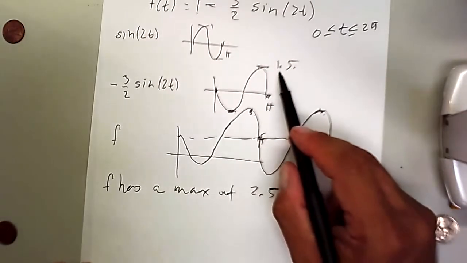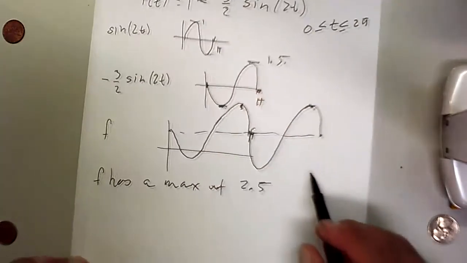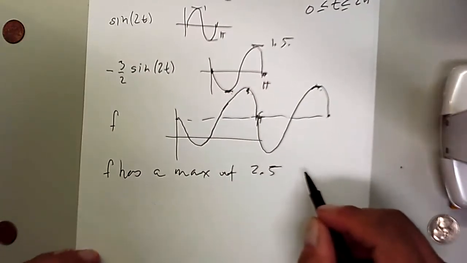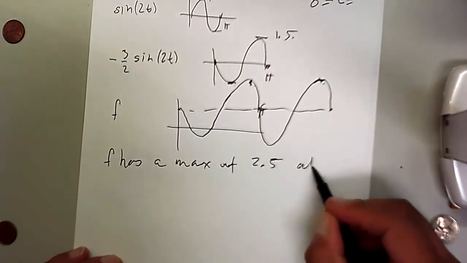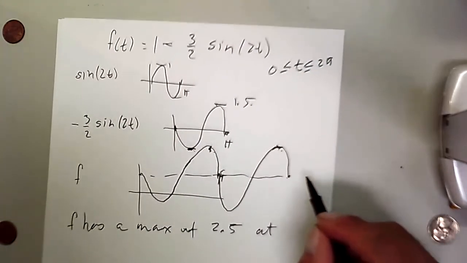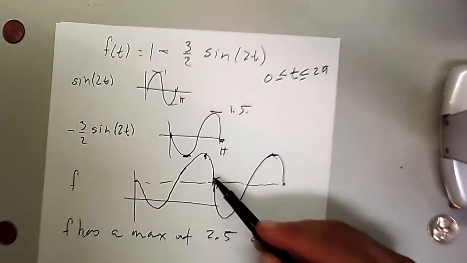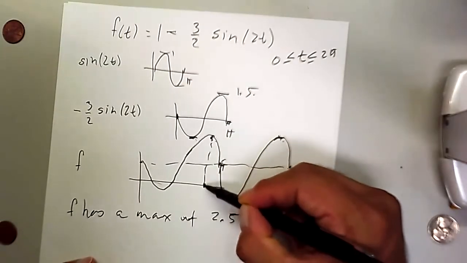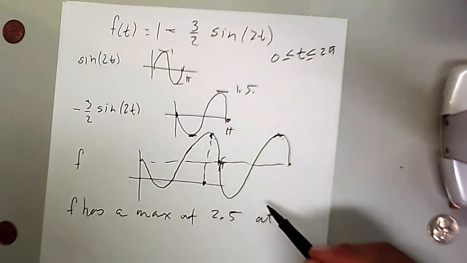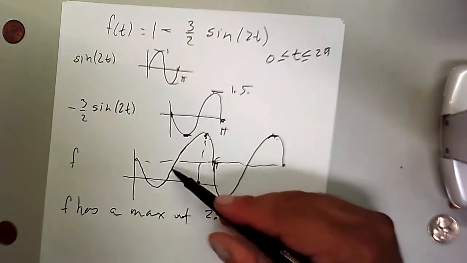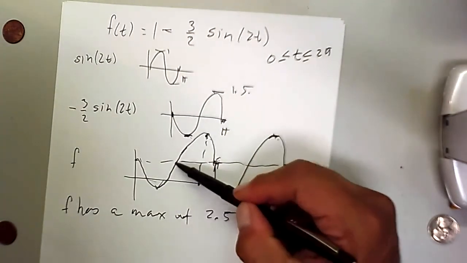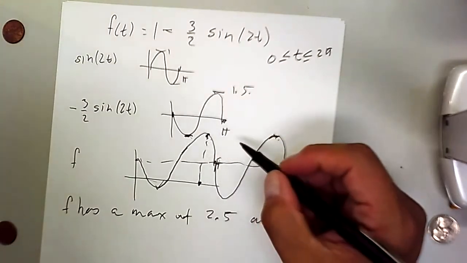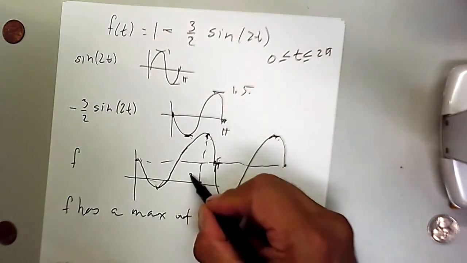Why? Because we had 1.5 and then we added 1. And then we have to say where. At, okay, I got to do a quick computation here. The maximum happens when t is 3/4. So this would be 1/4 to 3/4 of pi. So 3 pi over 4.